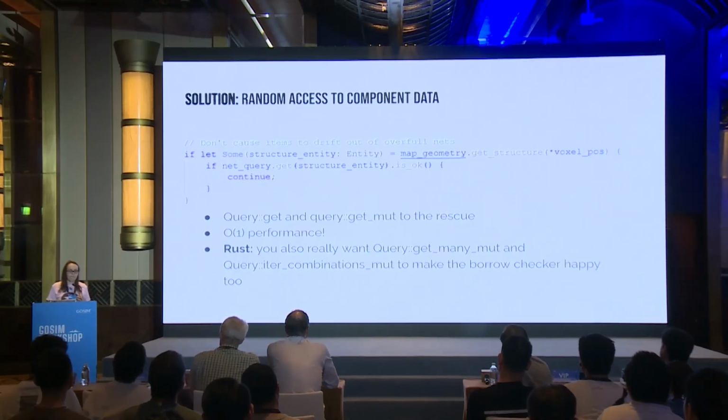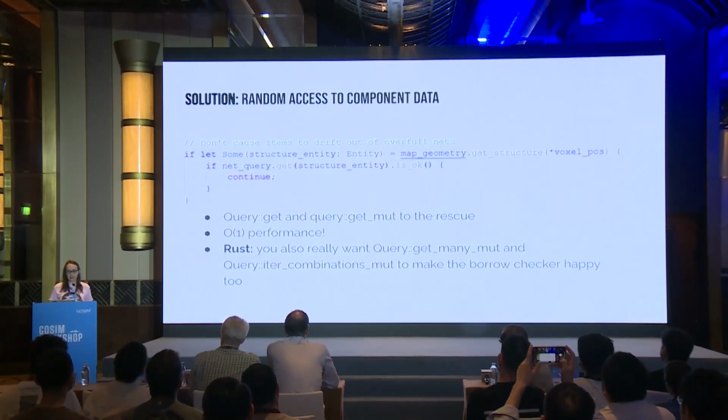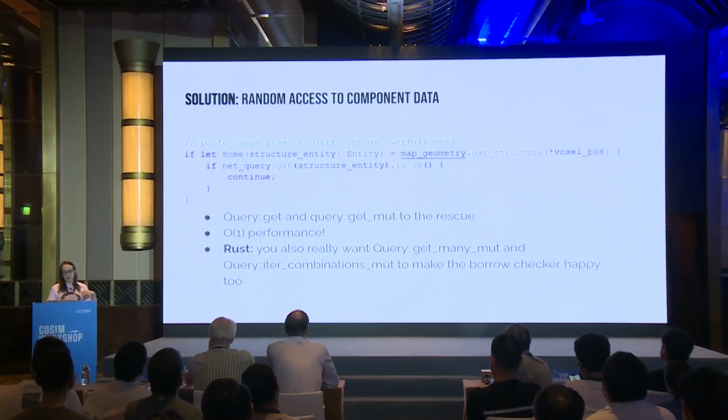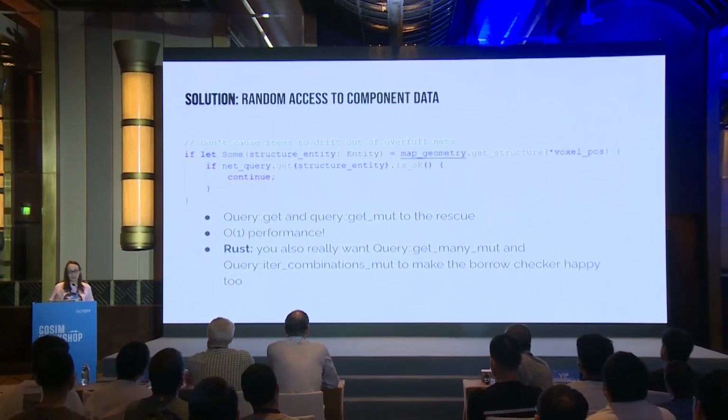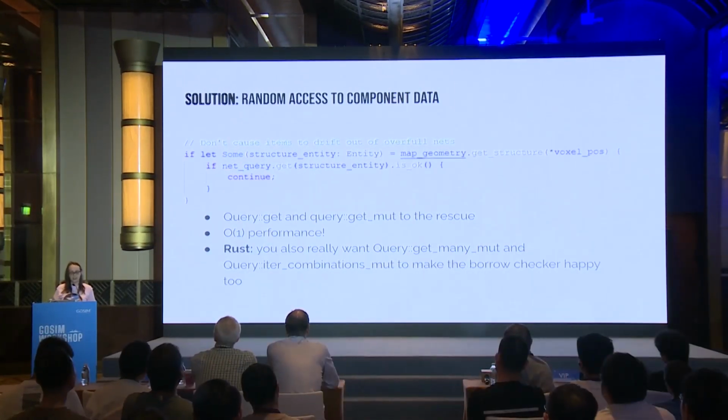The way that this works is Bevy has very fast random access lookup for individual specific entities when keyed by their identifier. And once you figure out that this exists, this is the moment where Bevy starts to click. This is where you start to realize, oh, this is how I'm supposed to use this library, and it's not just in-order iteration.